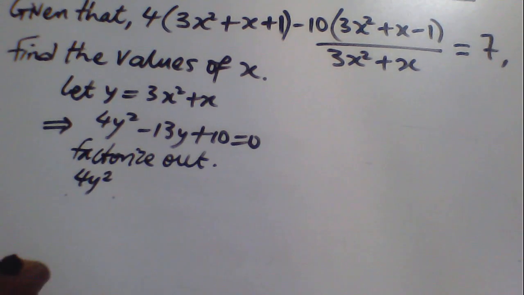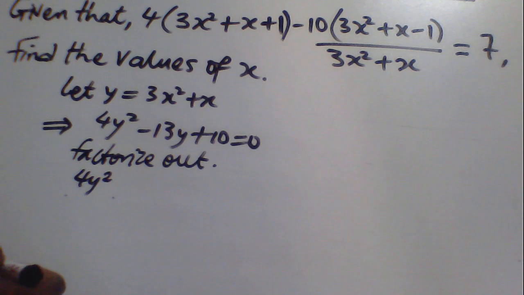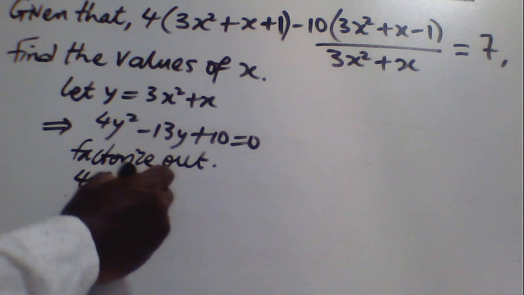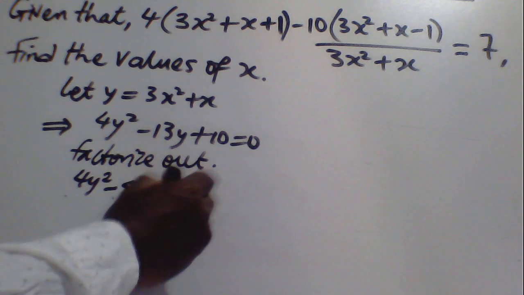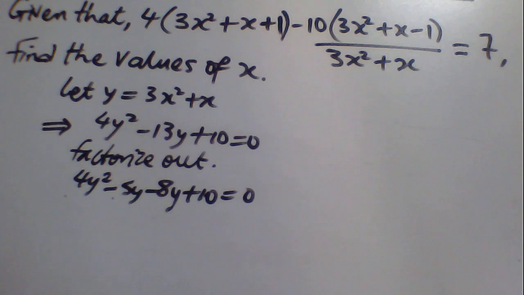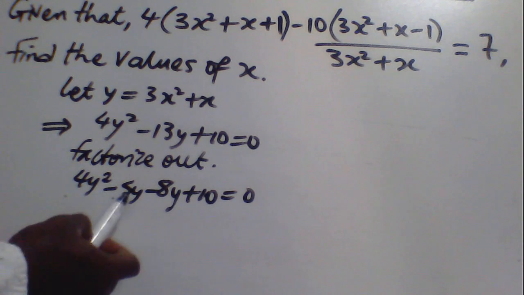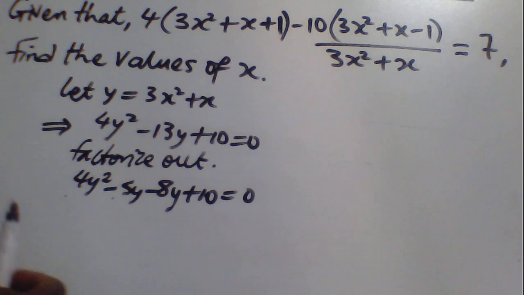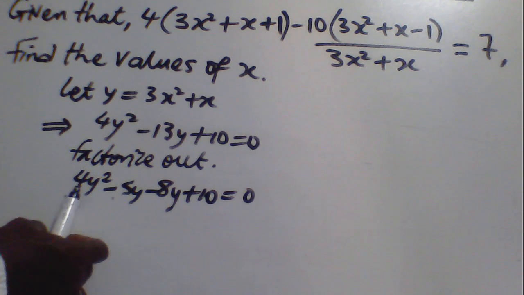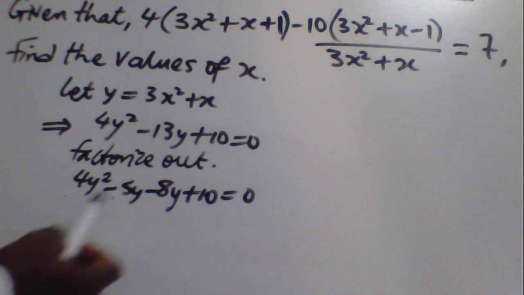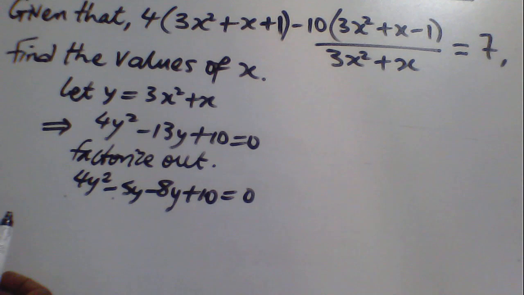We treated how to factorize in the last lesson. So we have 4y squared minus 5y minus 8y plus 10 is equal to 0. Minus 5y minus 8y gives us minus 13y, and if you multiply the two, it gives plus 40y squared.